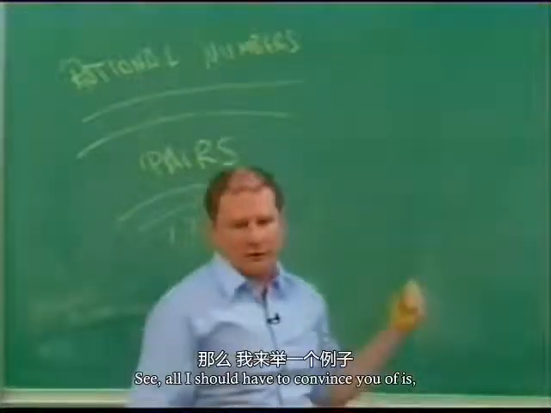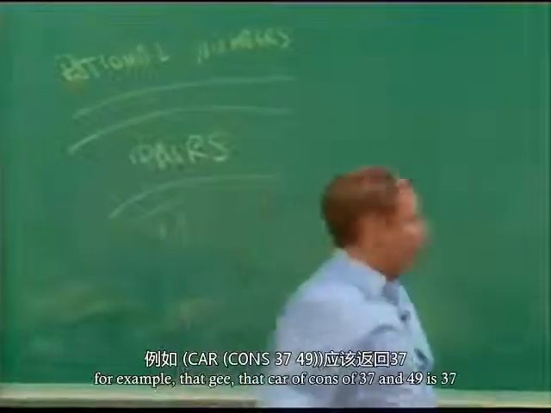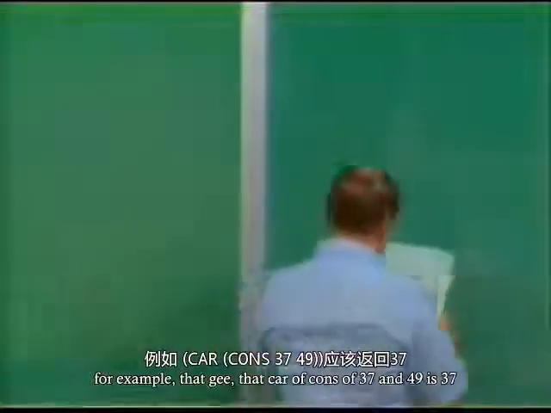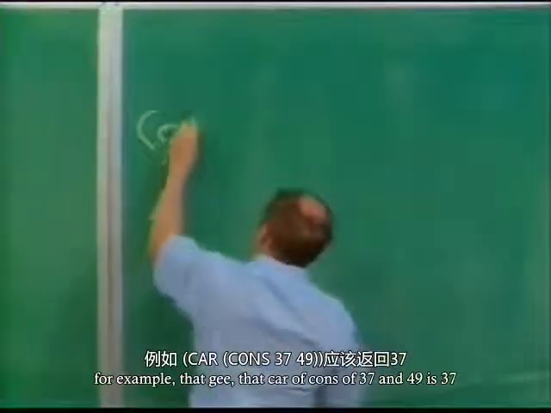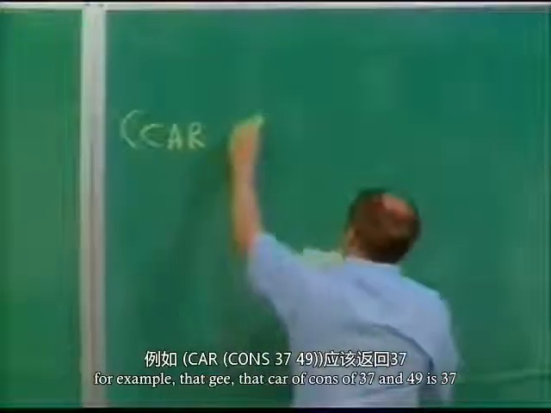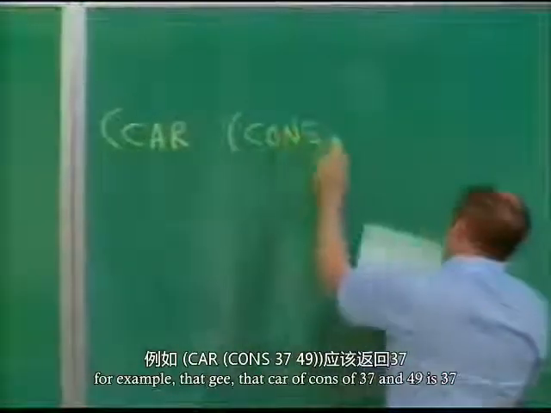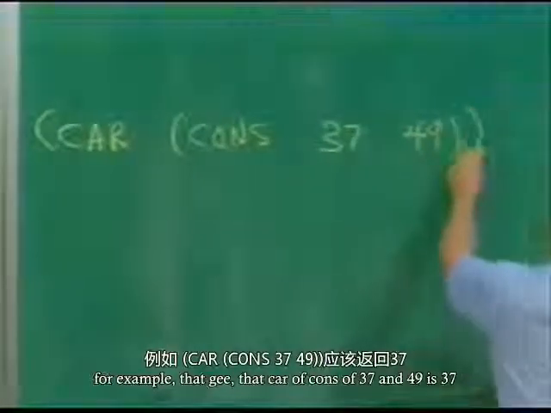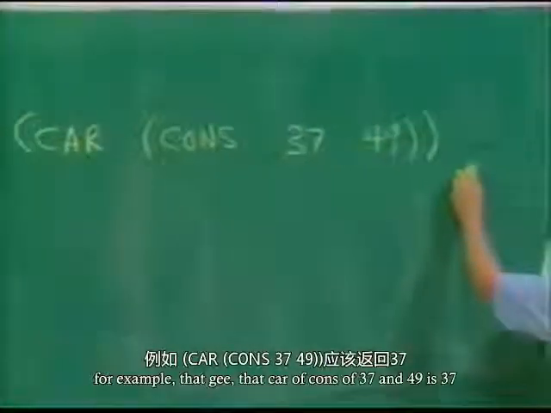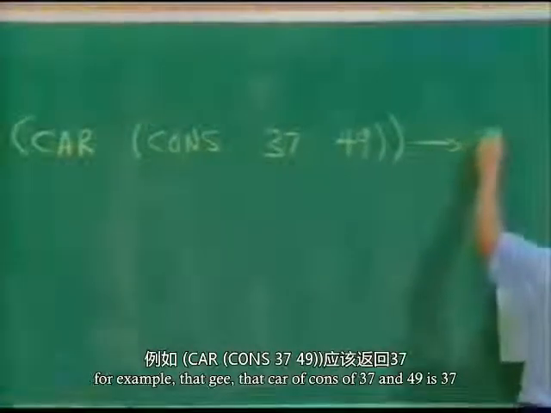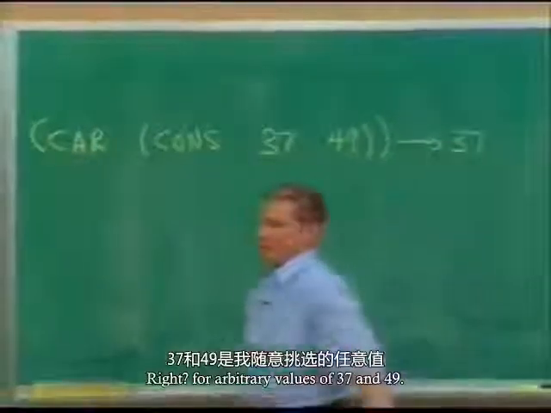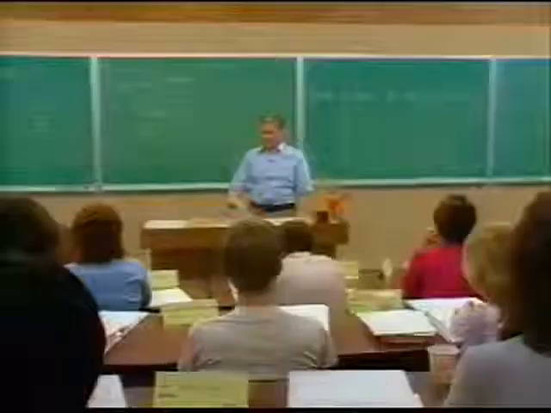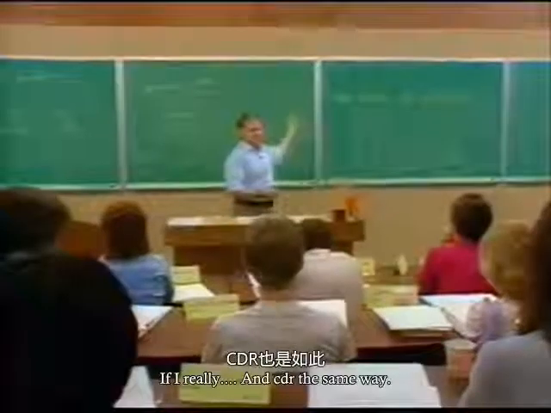All I should have to convince you of is, for example, that car of cons of 37 and 49 is 37, for arbitrary values of 37 and 49. And cdr the same way.